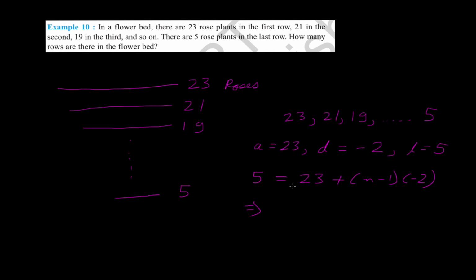Therefore we will have 5 minus 23, which is minus 18, divided by minus 2, equal to n minus 1. So we have 9, and therefore n is 9 plus 1, which is 10. Therefore we have 10 rows in this flower bed.